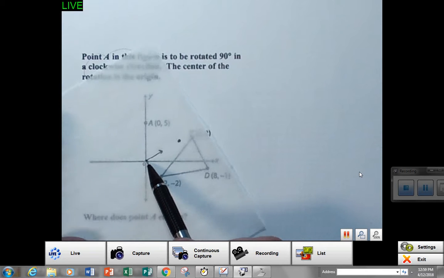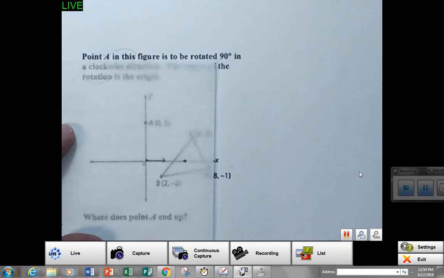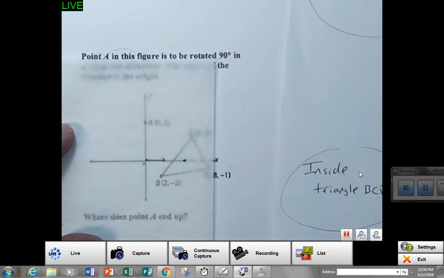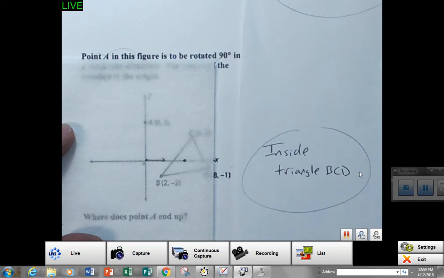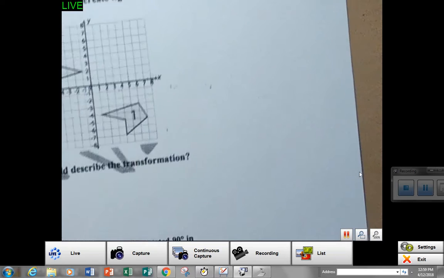I can see right there it ends up inside the triangle. So this says, where does A end up after that rotation? And that is inside triangle BCD. So hopefully that helps for those two right there.